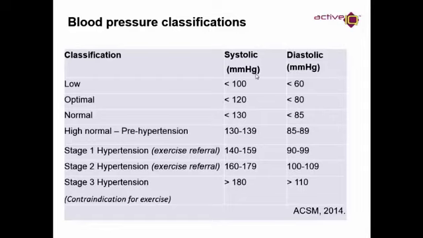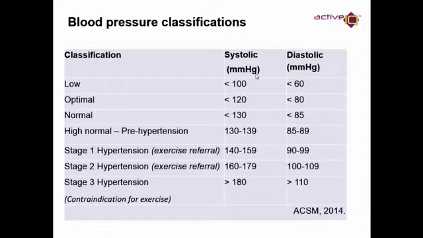And if someone does come in to your facility or to work with you and they have a reading like this, and they haven't been referred by a doctor, you will need them to go to a doctor to get permission and to get advice and guidance before they begin any sort of program, because you could be at risk as a professional there. And then finally we've got the 180 or above to 110 and above.